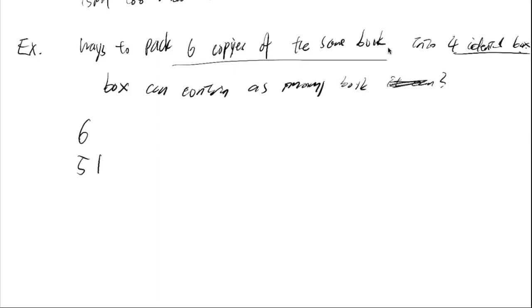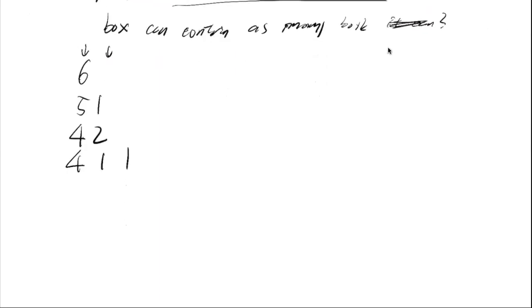So that's another situation. And then 4, 2, and then 4, 1, 1. The idea of my counting is to make sure that the first number is the biggest, then the second number is the biggest, and so on and so forth.